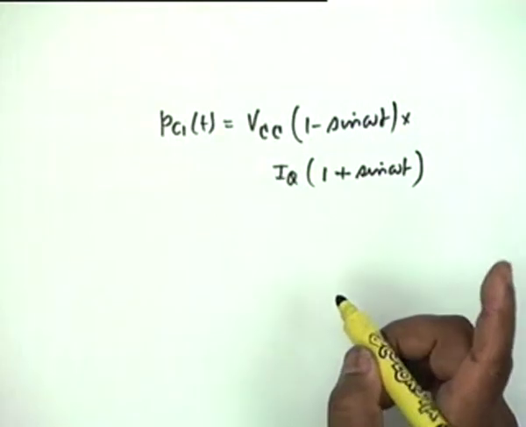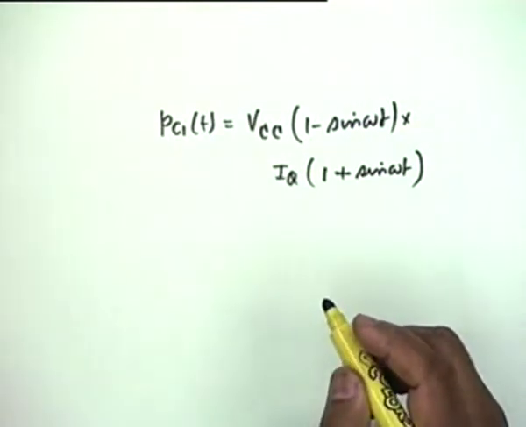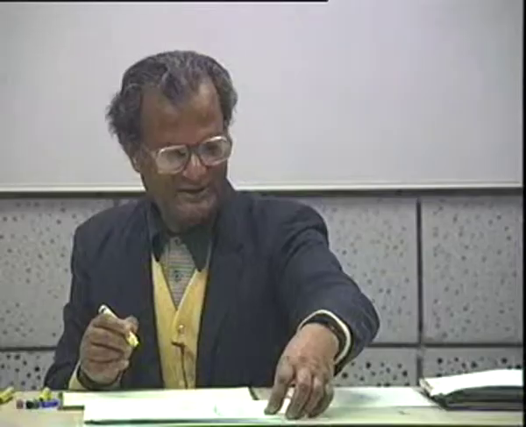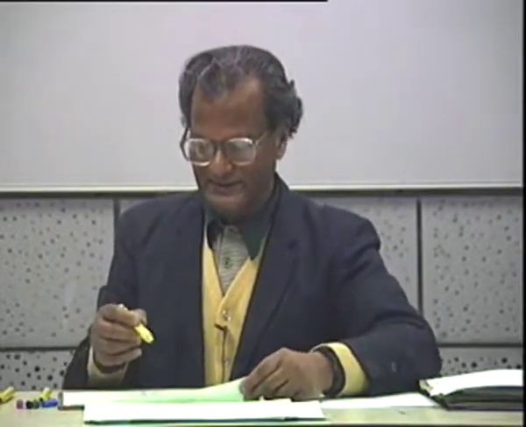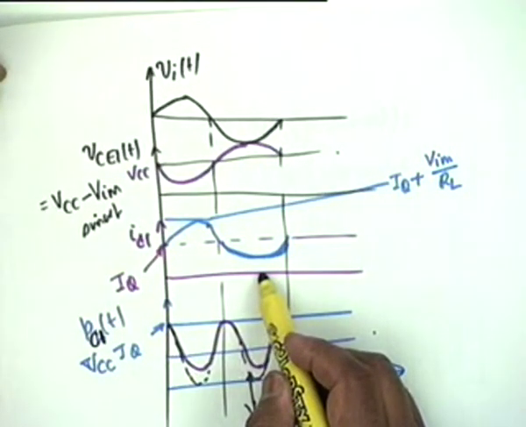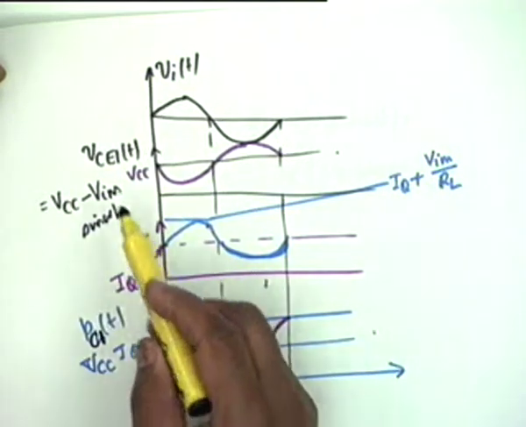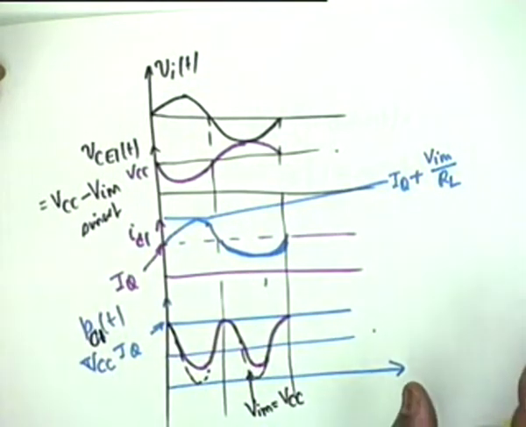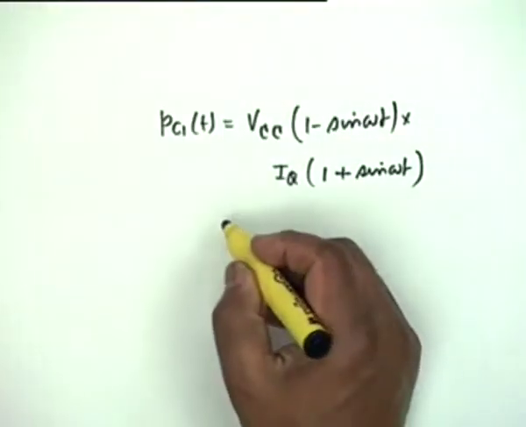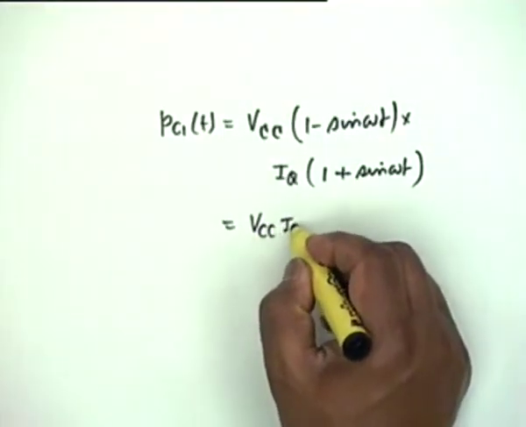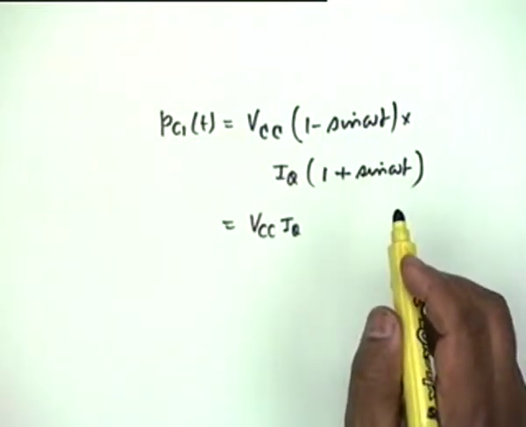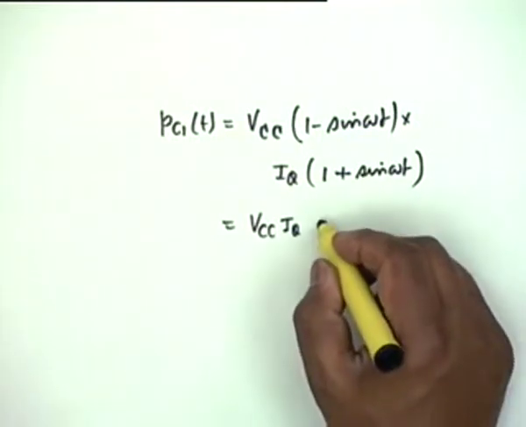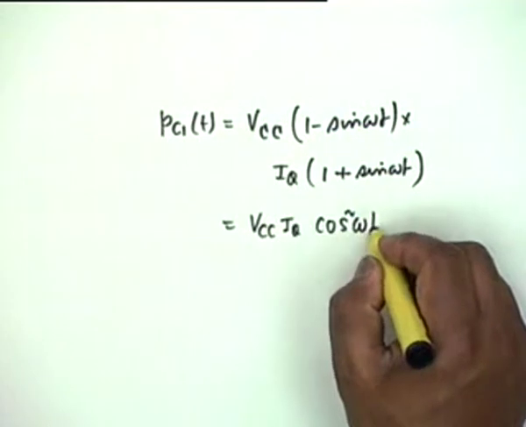The maximum value would be equal to IQ, agreed? When the transistor is driven to its limits, this minimum will come to 0, and that can happen when IM, the maximum, is equal to IQ. Okay, so this is VCC IQ multiplied by 1 minus sine squared omega t, which is cosine squared omega t.